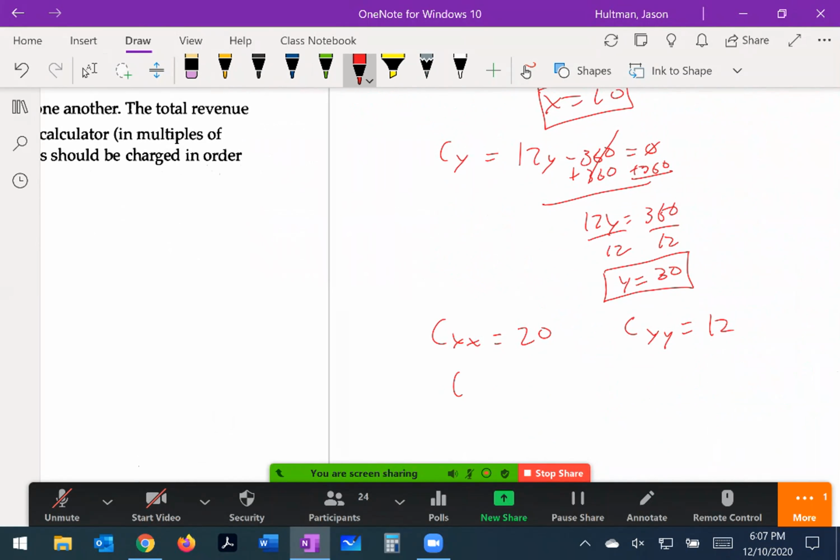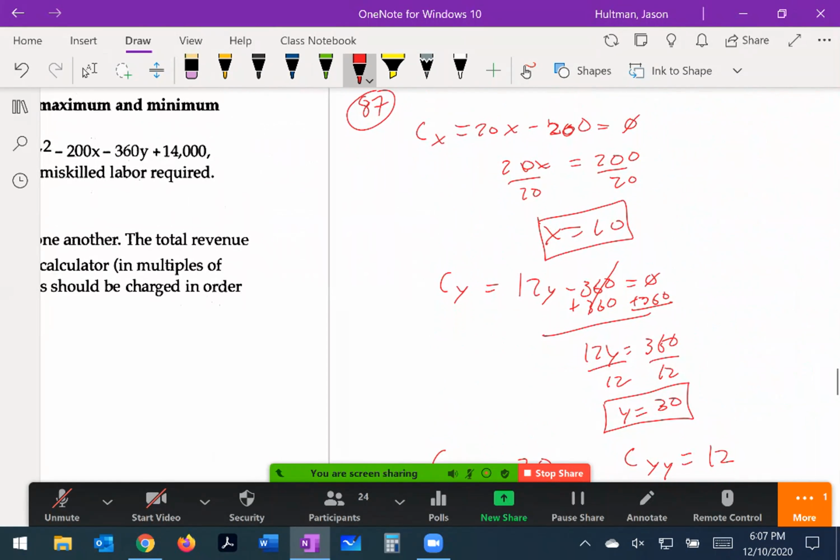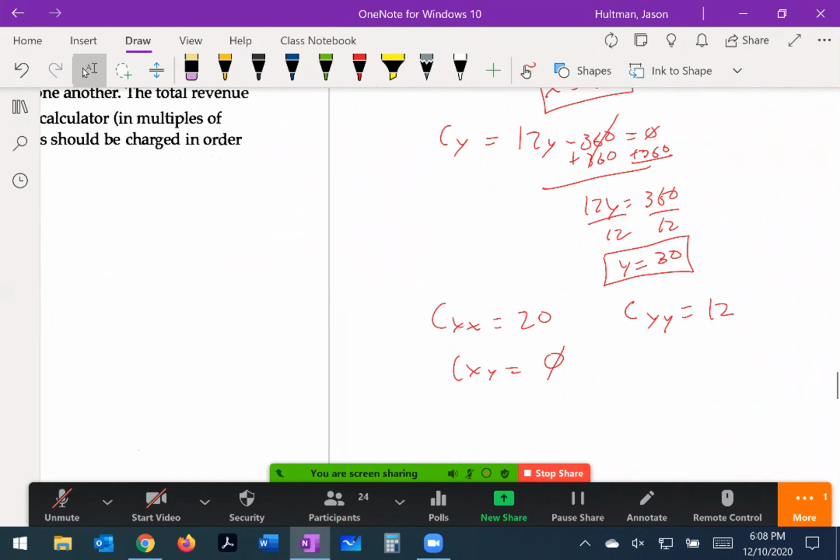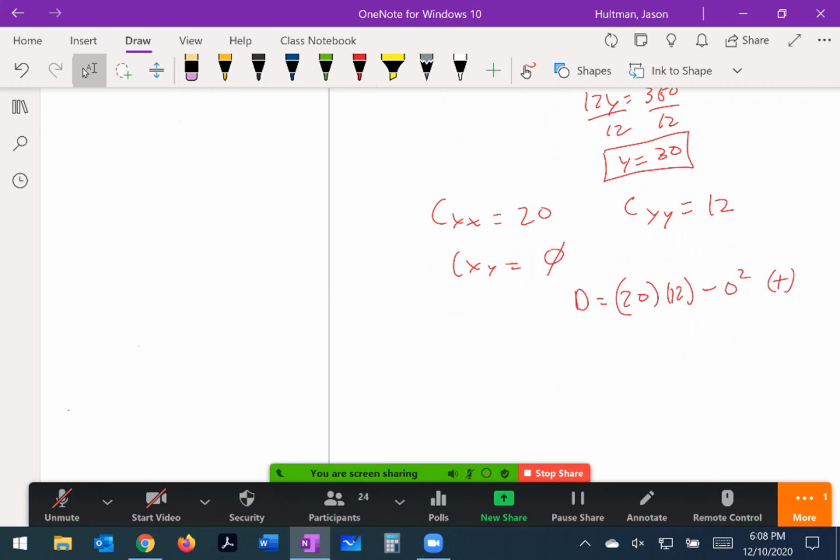And C of XY, well, that is just 0. If you go back up here to C of X, there's no Y's involved, so everything's treated as a constant, so it's just 0. So our D test would be equal to 20 times 12 minus 0 squared. Well, that's just going to be a positive number. So D is greater than 0.